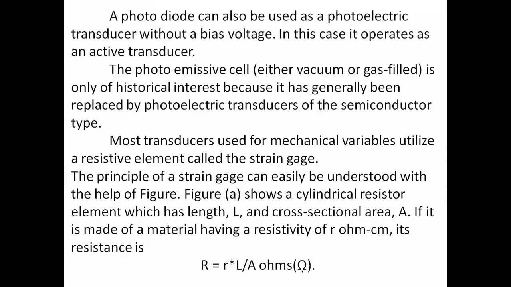Whenever the lorry comes on this platform, the weight of the lorry falls on these strain gauges. That weight is converted into force or strain on the strain gauge, and that strain is converted into the corresponding electrical signals.